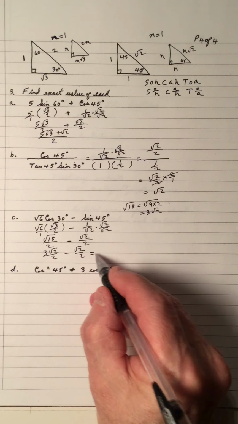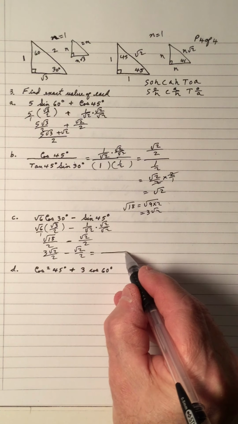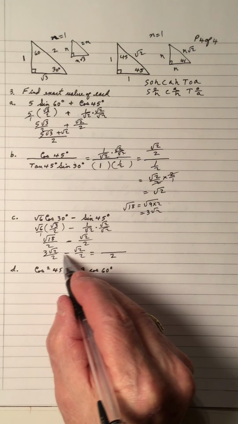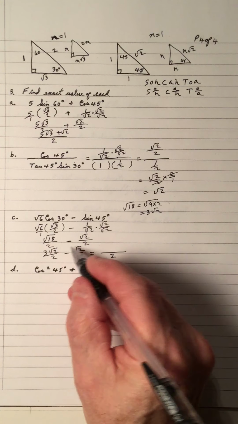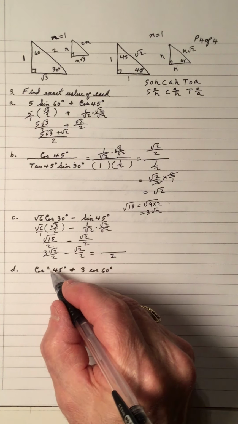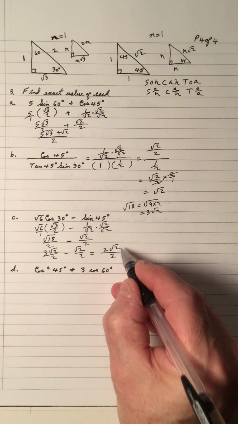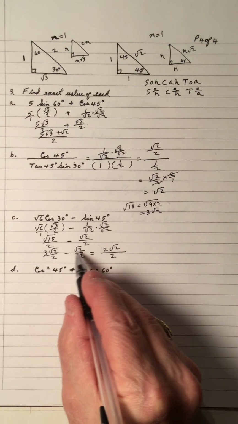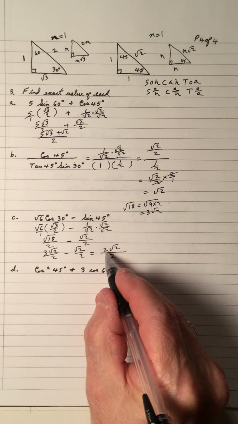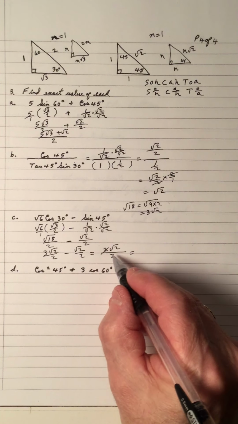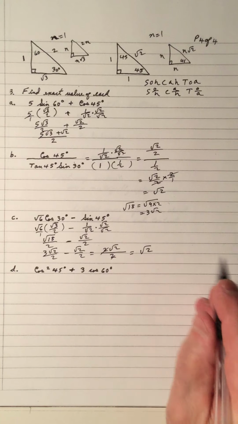So we have the same denominator, so we have a 2. So we subtract. We can add on the opposite, add on negative root 2. 3 subtract 1 is 2. These are like radicals, so I can subtract them. So 3 subtract 1 is 2 root 2. The 2's cancel. So this becomes just a root 2.